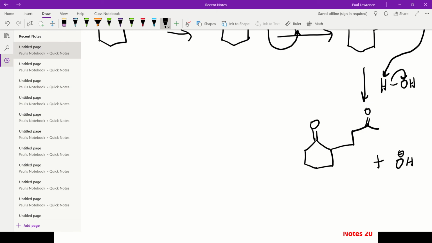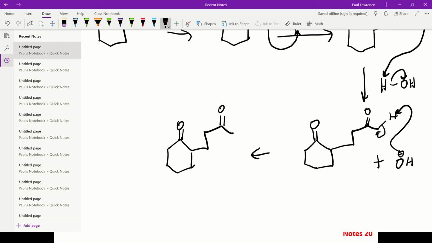We regenerated our base. So that base is going to abstract one of these alpha protons to form an enolate. And there's our enolate now, plus our water.